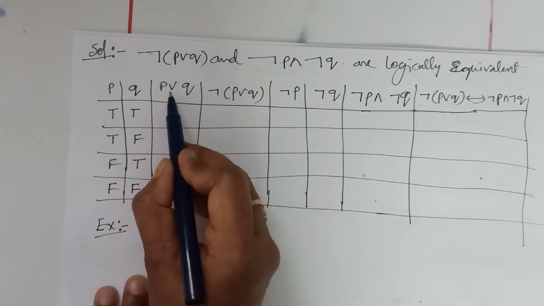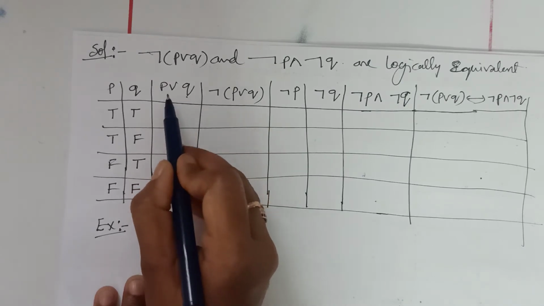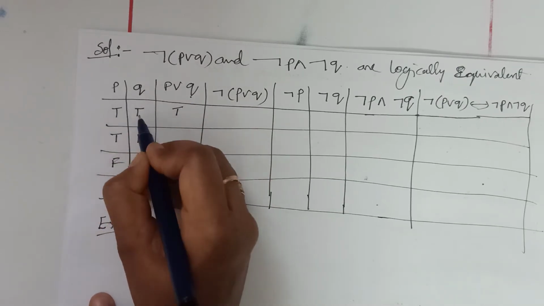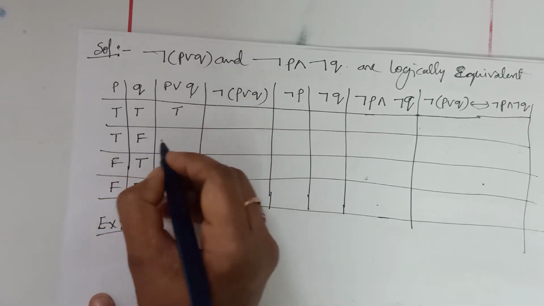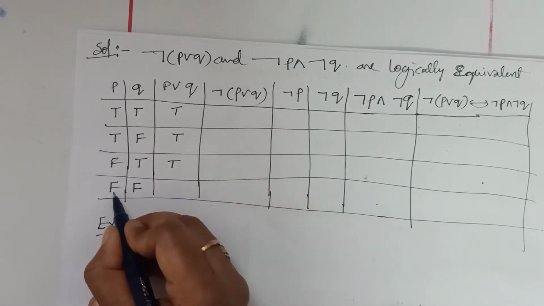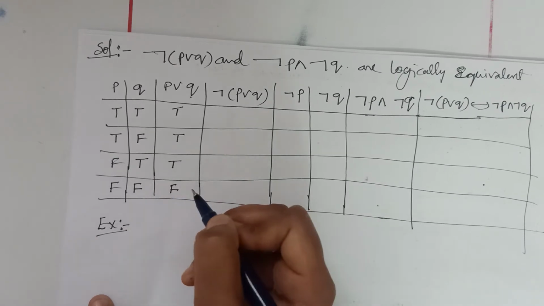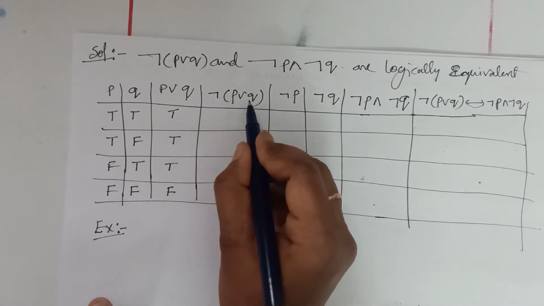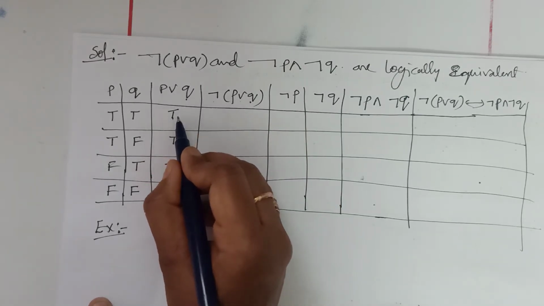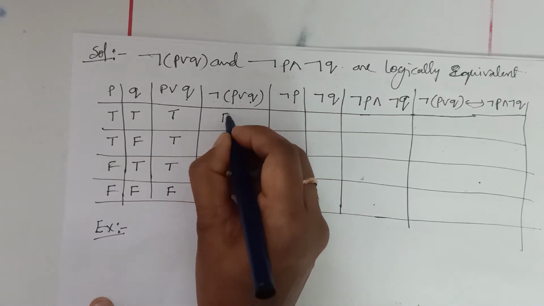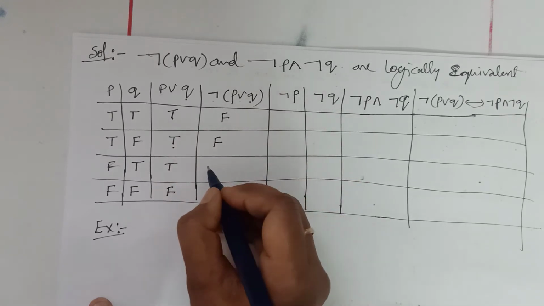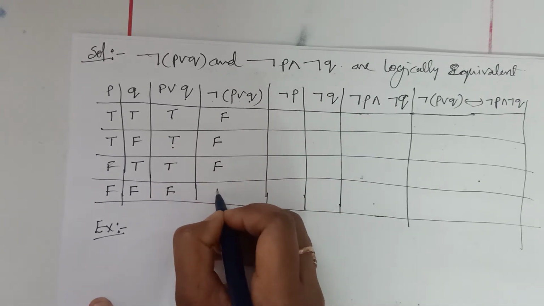In P or Q, the truth value is true if either P is true or Q is true. Negation of P or Q: if the P or Q value is true, its negation becomes false.